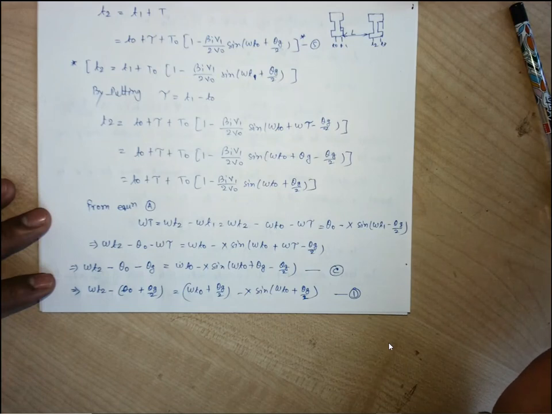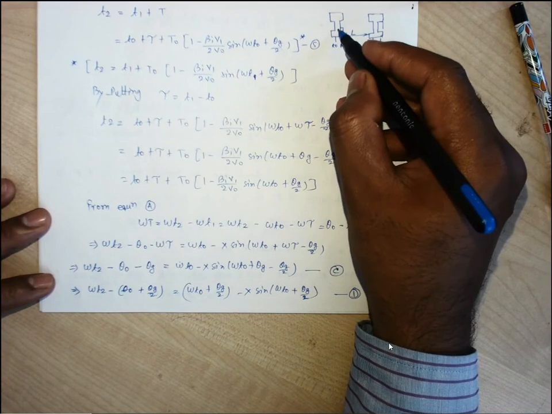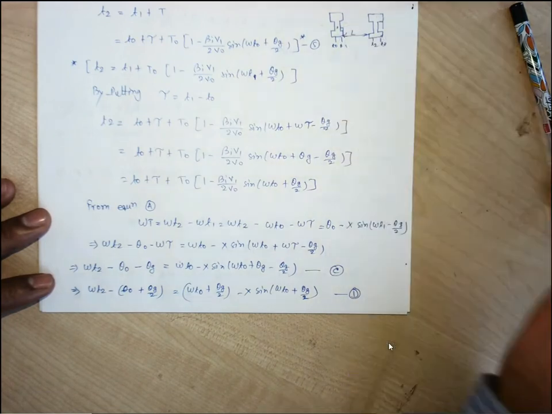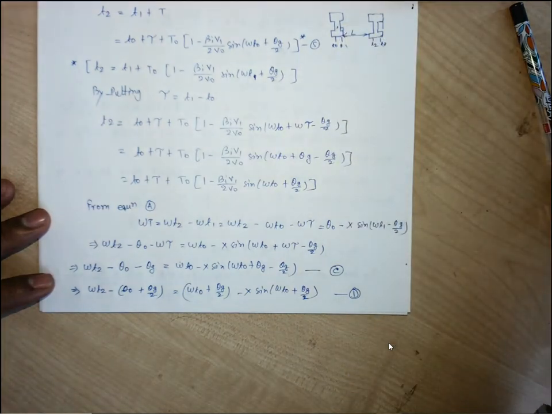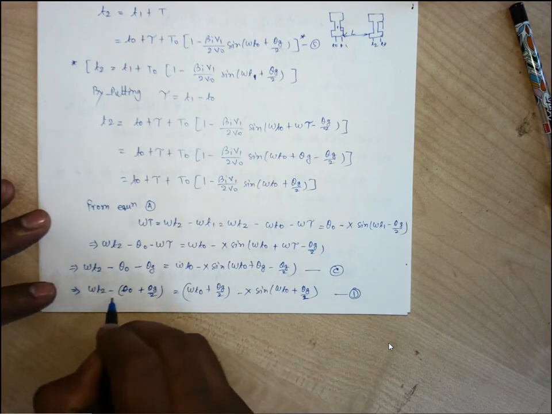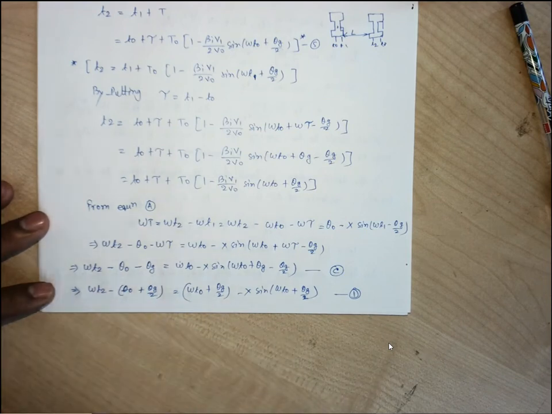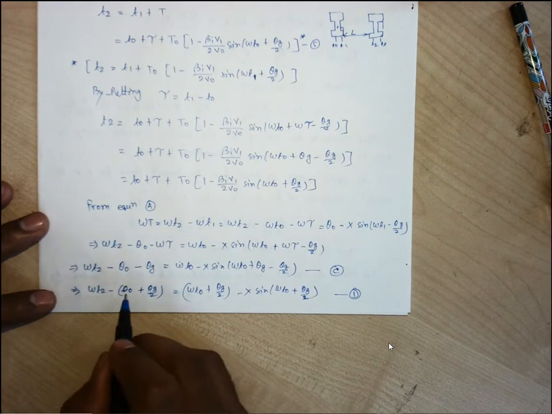So omega t naught plus theta g by 2 means you can consider the midpoint, that is the Buncher cavity departure angle, and omega t2 minus, within bracket, theta naught plus theta g by 2 is the catcher cavity arrival angle.